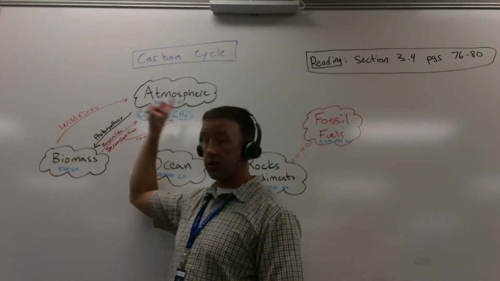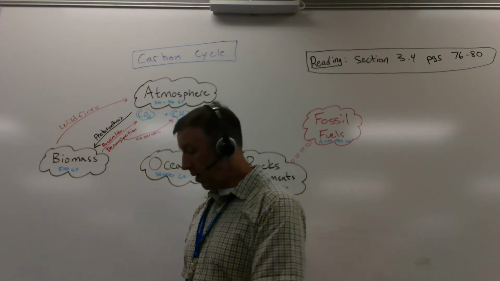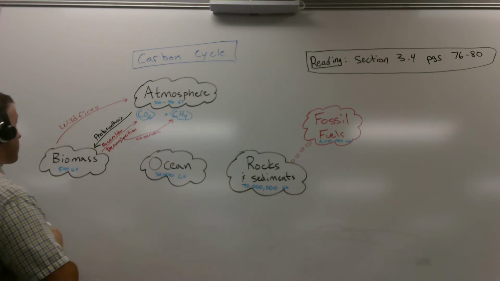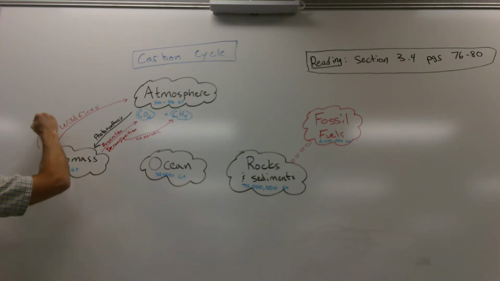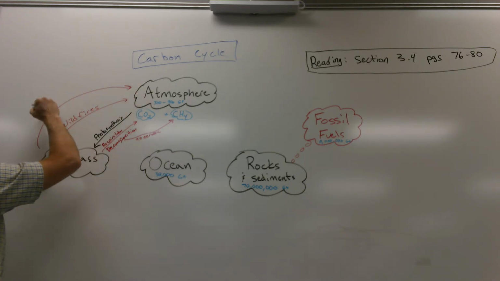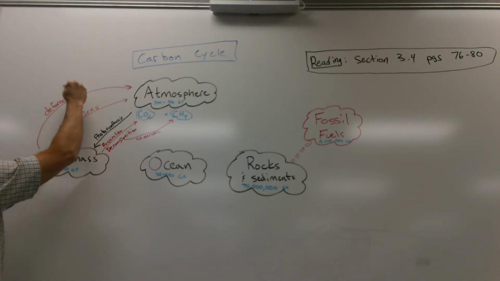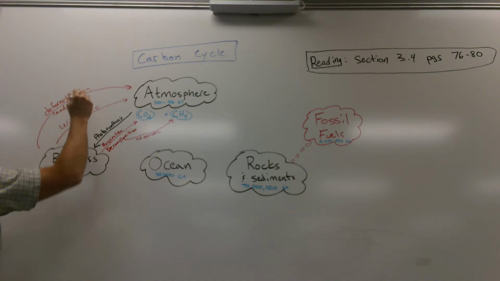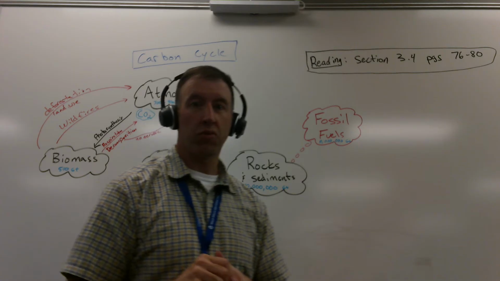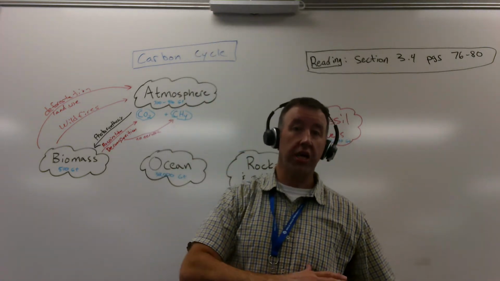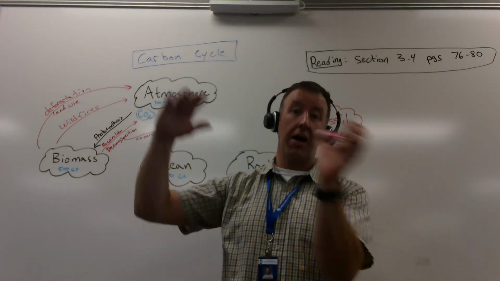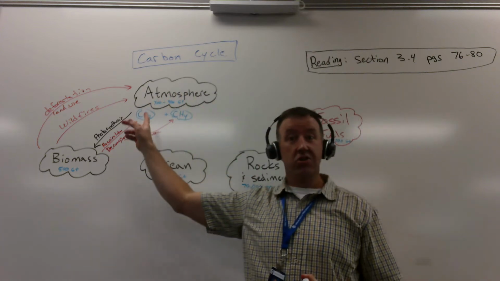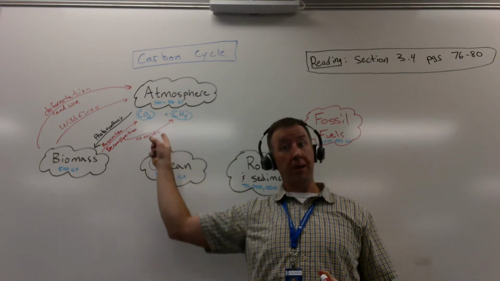We could also add one more arrow: deforestation, or land use. Anytime we cut down trees and so on, we're changing that cycle to push more CO2 back to the atmosphere. Now you guys are starting to see what I mean about this getting a little bit messy over time.